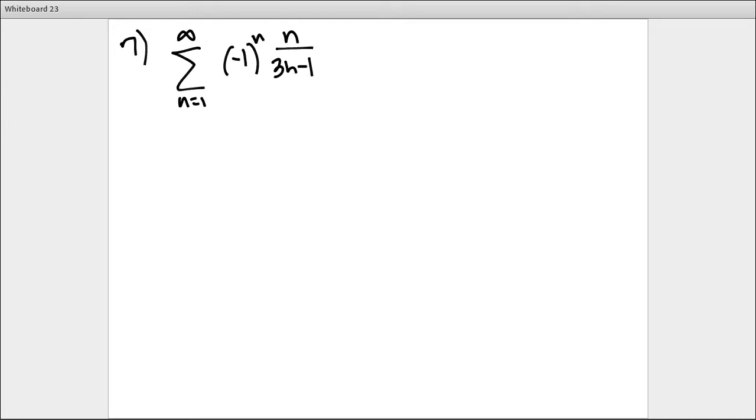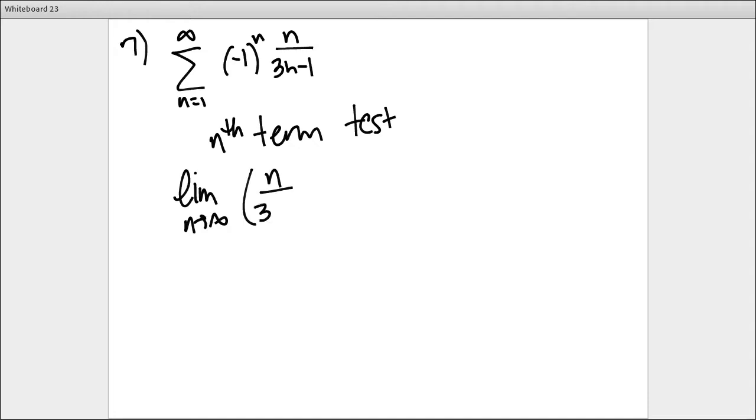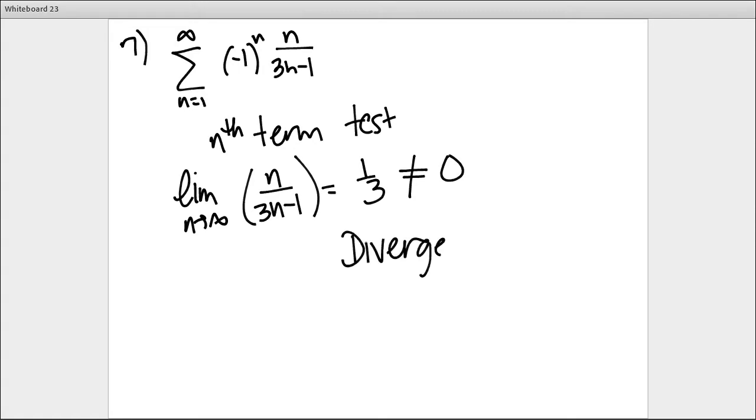So if I do the nth term test, that means I'm taking the limit as n goes to infinity of n over 3n minus 1, and that ends up being a 1/3, which is definitely not 0. And so it definitely diverges. I would always do a quick check of that, seeing if the nth term fails the nth term test.